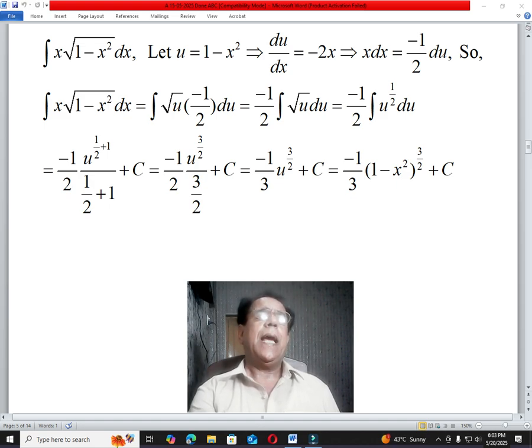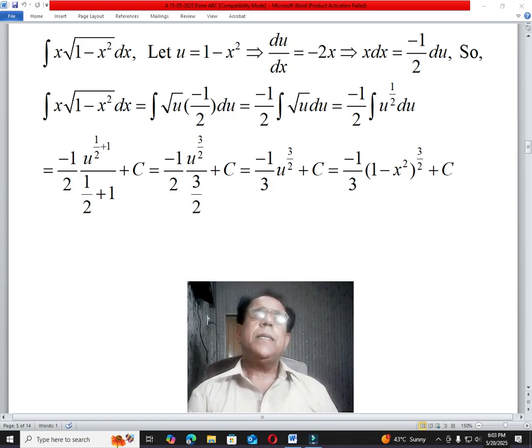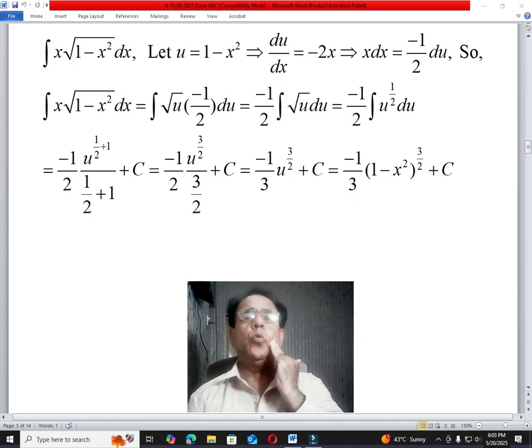And simultaneously constant c will be added because we have integrated the given problem. The only difference is that here u still exists, and in the next steps we will eliminate this u and resubstitute the value of u.